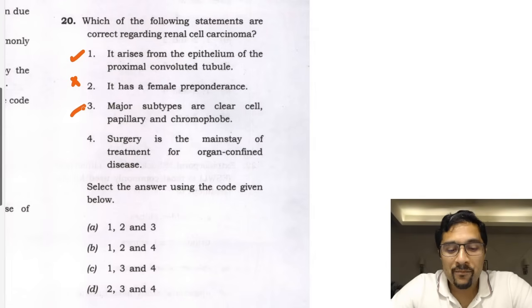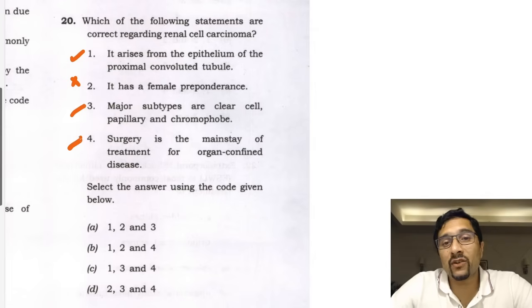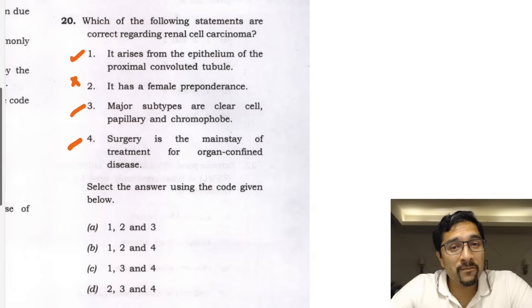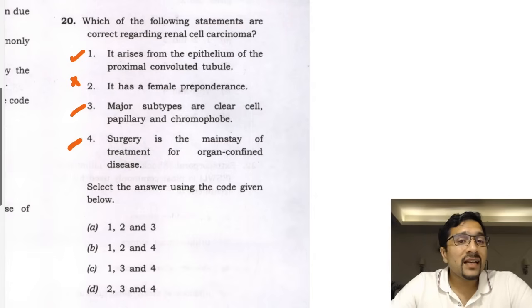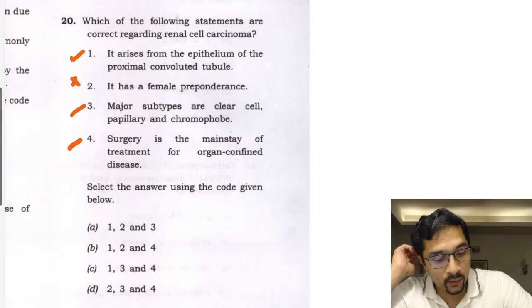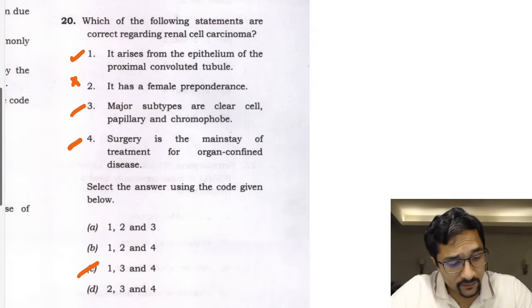This is correct. And surgery is the mainstay of RCC. We know it is a chemo and radio resistant tumor, whereas Wilms tumor, which occurs in the pediatric population, is chemo and radio sensitive. So 1, 3, 4 will be the correct answer here.